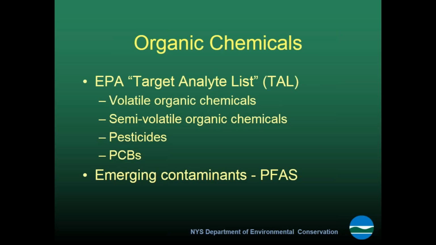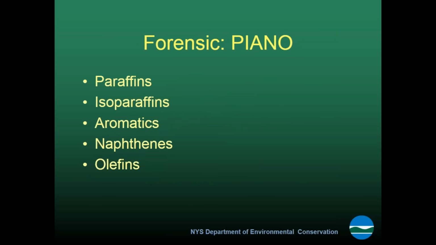Semi-volatile organics don't volatilize as much. You might be able to smell them, but they're not going to be creating a vapor intrusion issue. Pesticides is their own branch of misery, and PCBs are also a unique compound. And as I've mentioned a number of times, we also have the PFAS emerging contaminants.